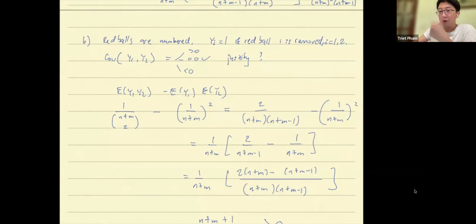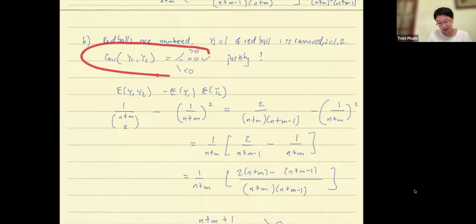Because either the first red or, okay, hold on, I think that's wrong. If it's not the first red, then it might be the second red. Maybe you picked the wrong one. Then in that sense, it might also decrease the chance. Either way, all I'm trying to say is that at least it seems to me covariance here is not that.